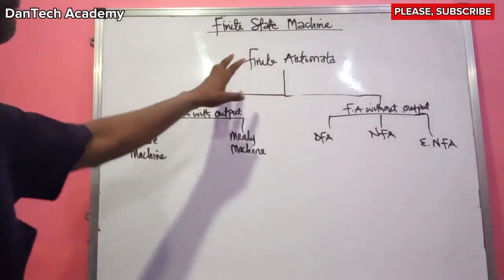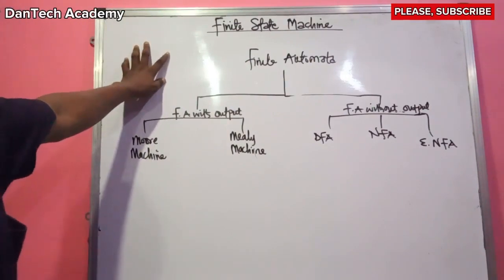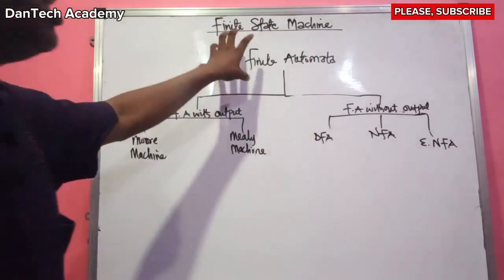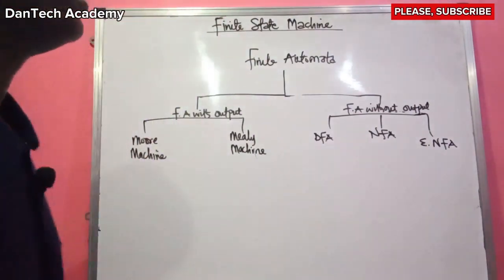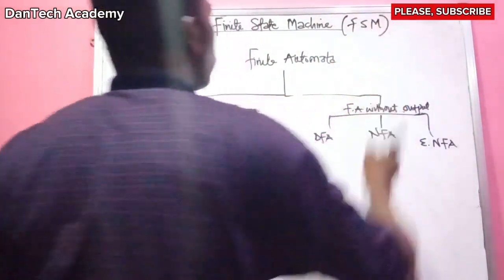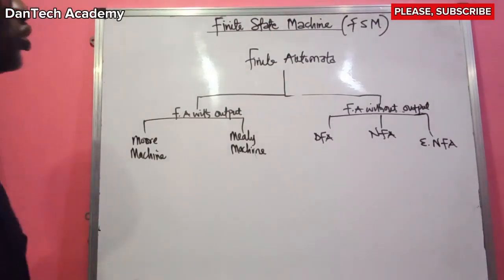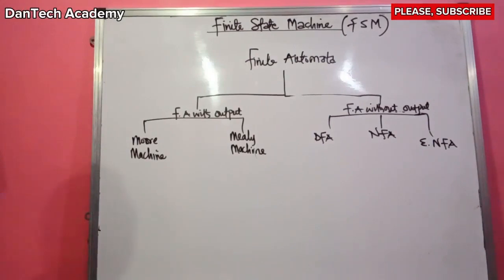If you don't watch that video, what we are doing here, you will not really get it, because we'll be doing some application. So this finite state machine, or FSM, is more like application of all what we have learned in the first video. So I highly recommend you to watch that video. Thank you very much. So on this one now, we want to do finite automata.